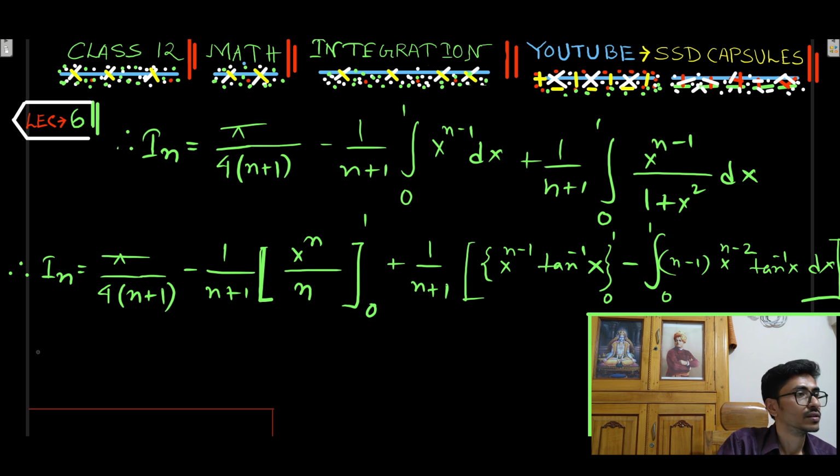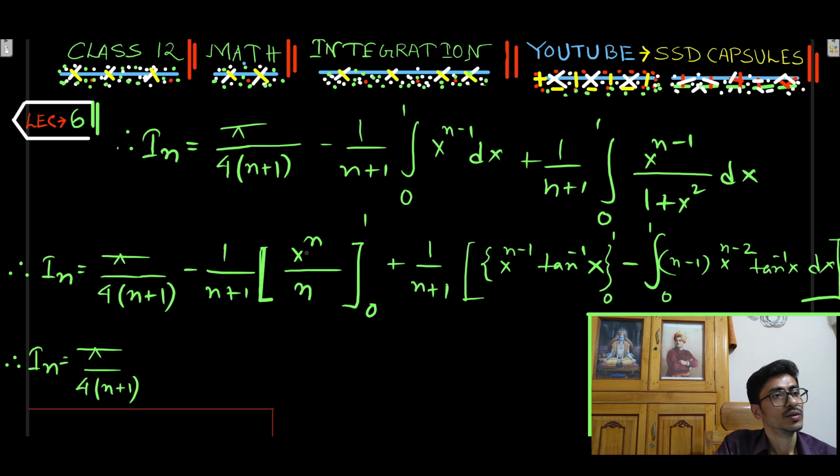Okay. So therefore I_n equals pi by 4 into (n plus 1). Here if we put the limits, minus 1 by n into (n plus 1) plus 1 by (n plus 1).